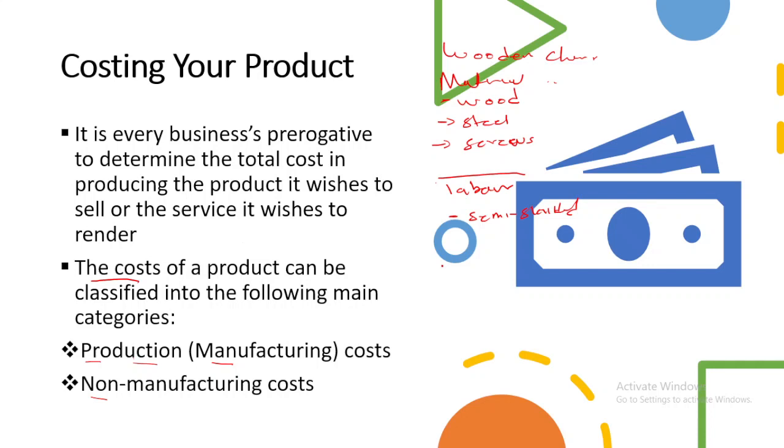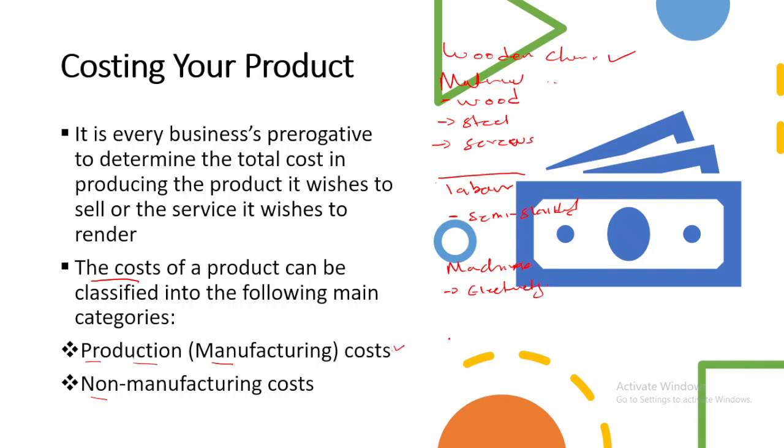And then we're also going to need a machine or machines, and the machine is going to need electricity. So when costing the product in terms of producing this wooden chair, all the cost of this product will be based on the cost that we expended in the production of this. All of this will form part of our production.